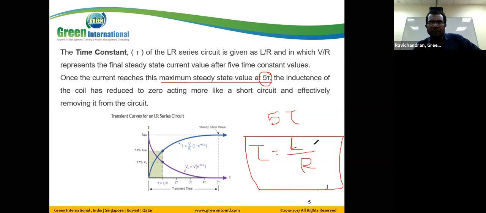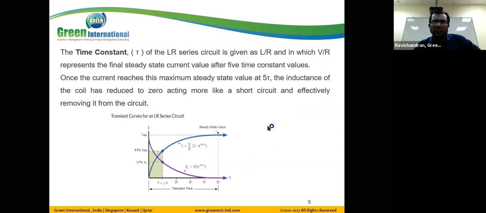Tau is equal to L by R. From this, first we find that the time constant tau is equal to L by R.